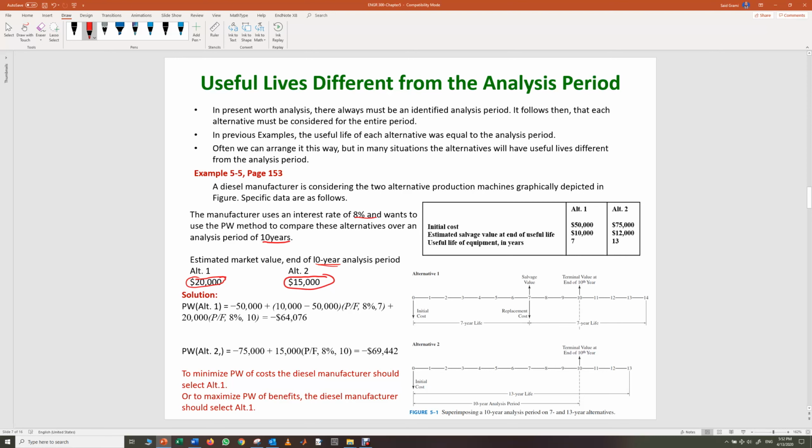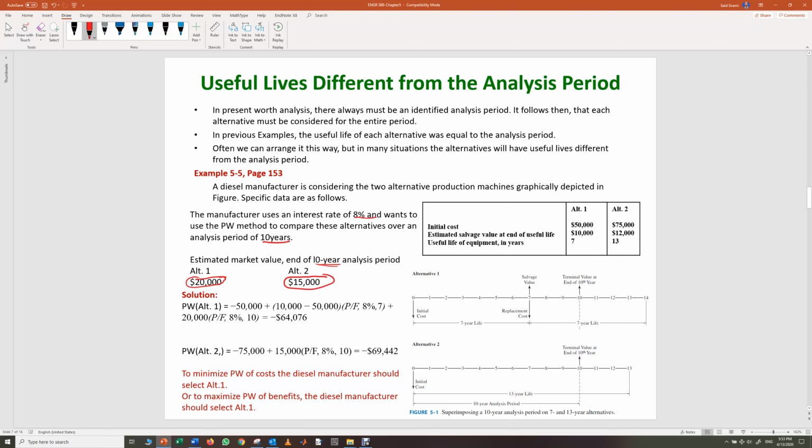So in this case, we have to sell the machine and buy another one to cover 10 years. And for the second alternative, the initial cost is here, and since the useful life is 13, we are going to cover only 10 years, and we have only the market value after 10 years here. So in the first alternative, we pay for the machine at the beginning of the cash flow.